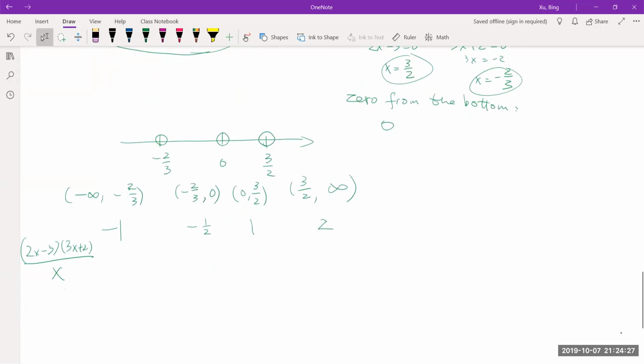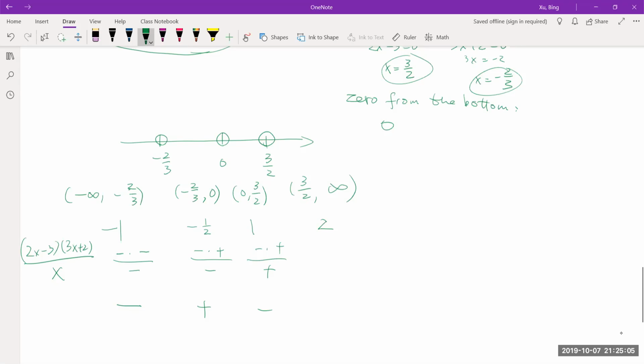So put in -1. -1 times 2 is -2. It's negative times negative over all negative. Plug in negative 1/2: negative 1/2 times 3 is negative 1.5 plus 2 is positive, over negative. Overall positive. Plugging in 1: 2 minus 3 is negative, positive over positive, negative overall.